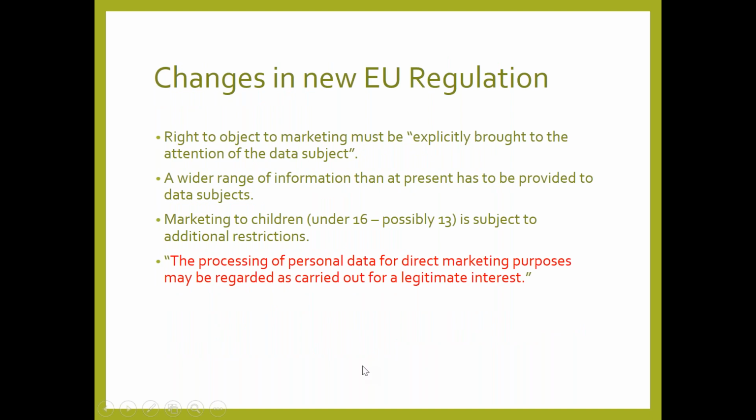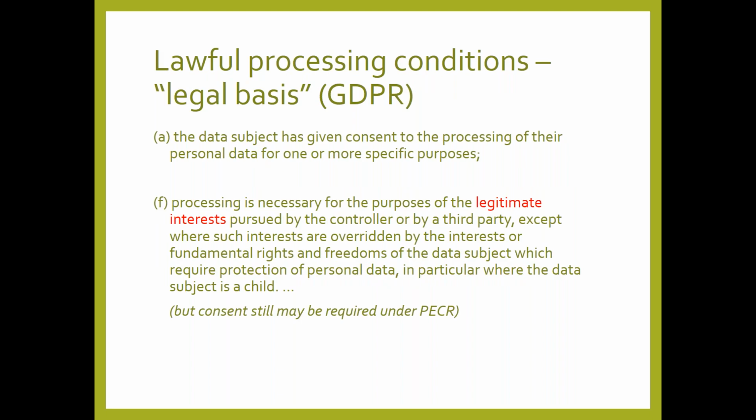And then this one. In GDPR, it says that the processing of personal data for direct marketing purposes may be regarded as carried out for a legitimate interest. So what that means is that we go back to the same 6 conditions in GDPR, almost identical, slightly different wording, but the first one is consent, and the sixth one, sorry, is legitimate interests.